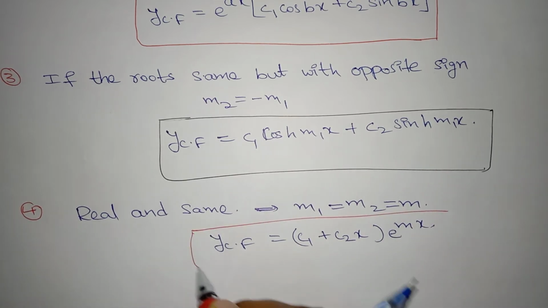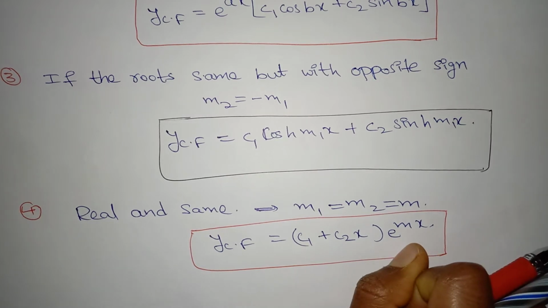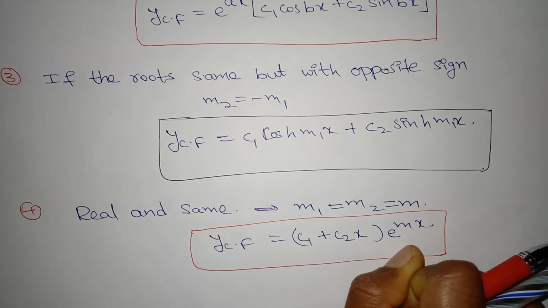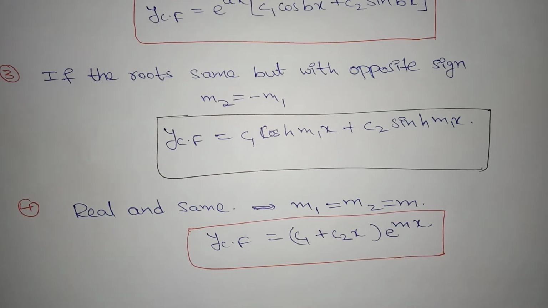These are the methods to find a general solution, this complementary function, for a second order first degree homogeneous differential equation. Now we will solve a few problems for easy understanding.